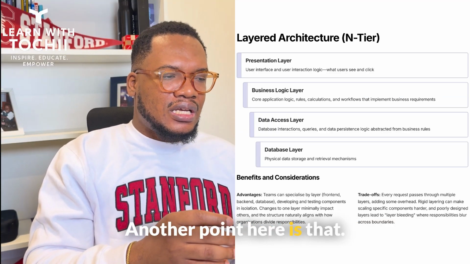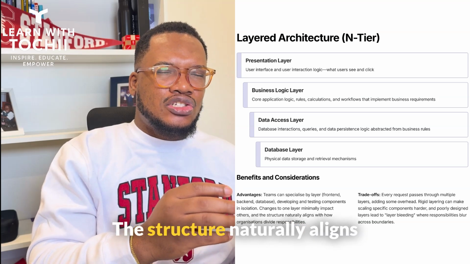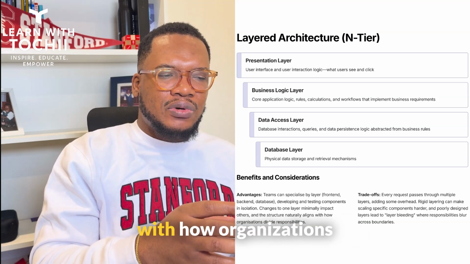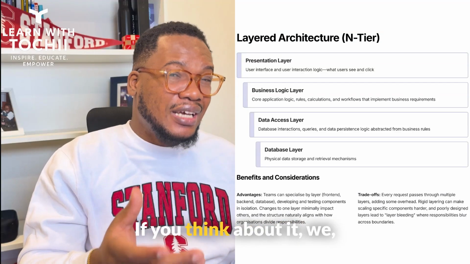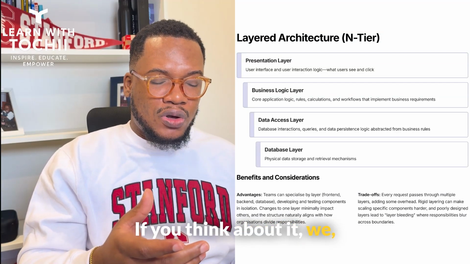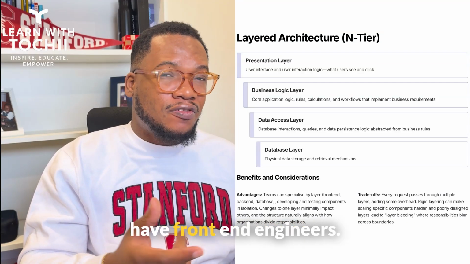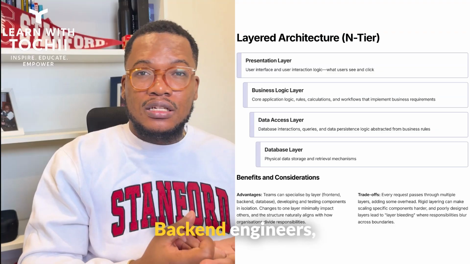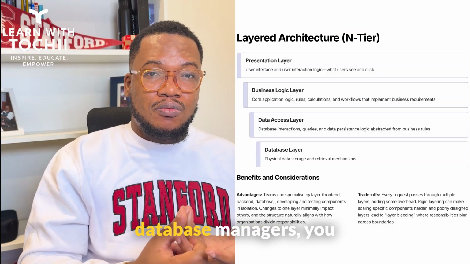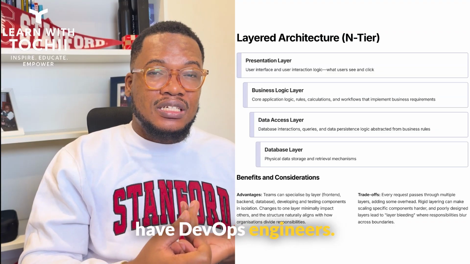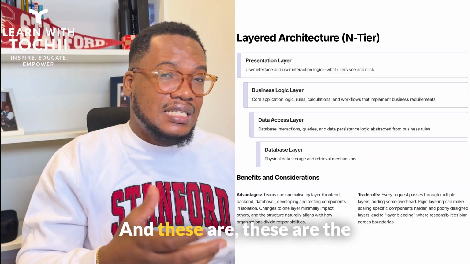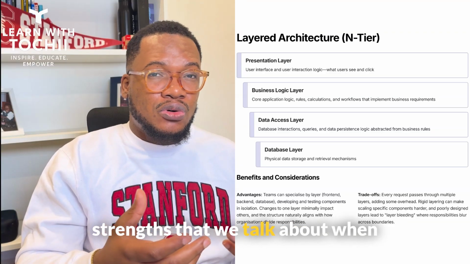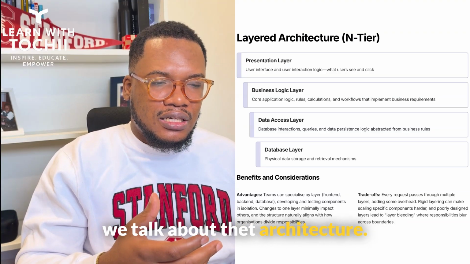Another point here is that the structure naturally aligns with how organizations divide responsibilities. If you think about it, within most teams we have front-end engineers, back-end engineers, database managers, and DevOps engineers. That structure really just aligns, right?